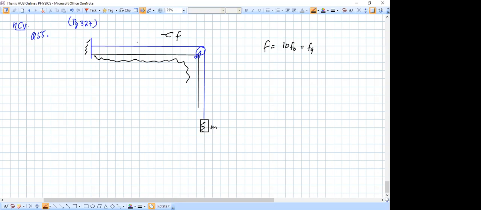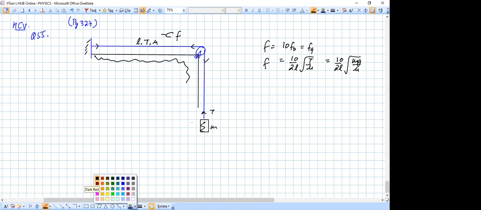If this length is L, tension is T, and tension is obviously equal to the weight, then this is 10 by 2L square root of T by mu, or 5 by L square root of mg by mu. And that is the frequency of the tuning fork. Now in the second case, we are dipping this under water.